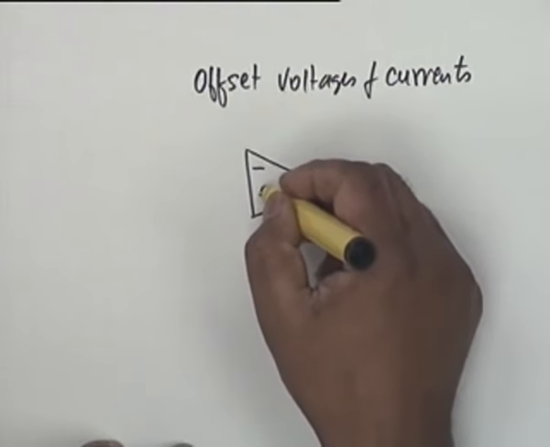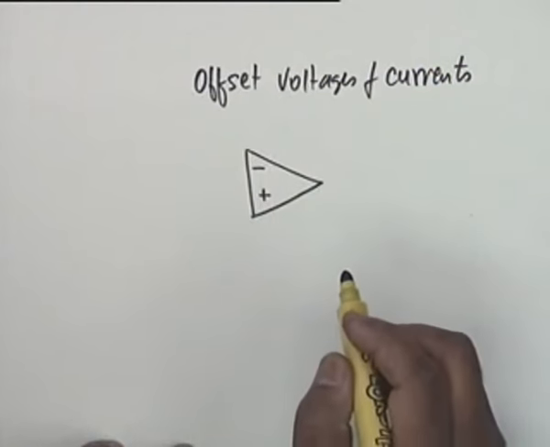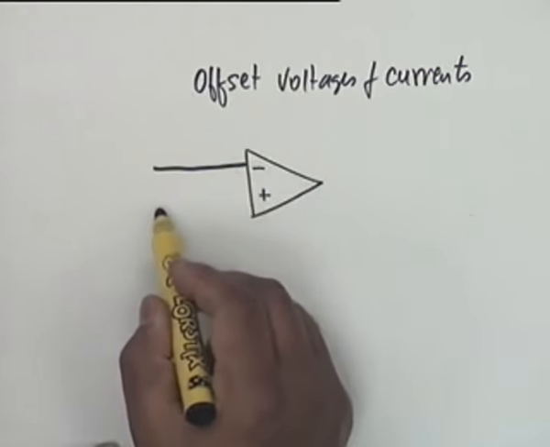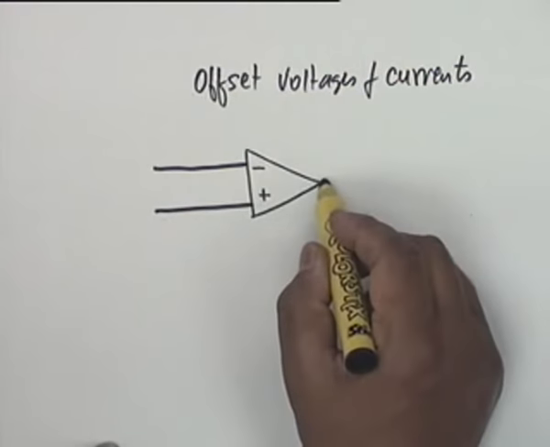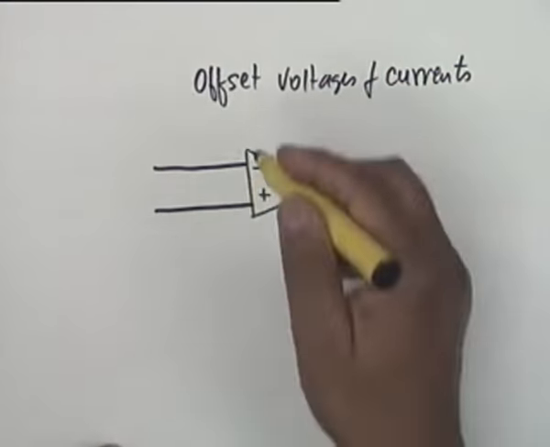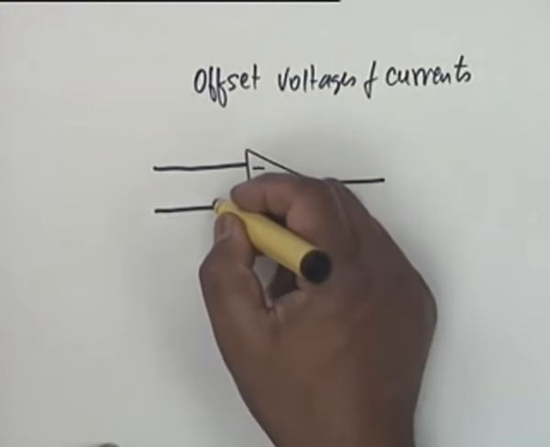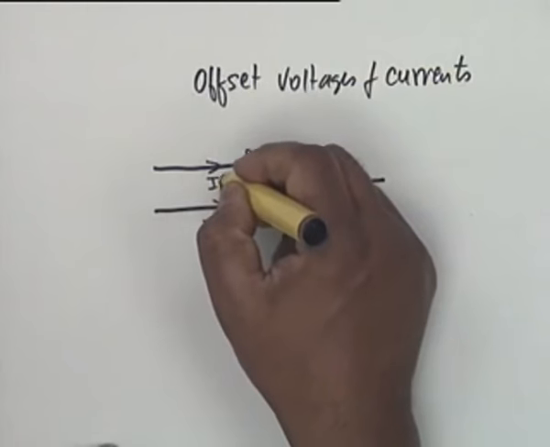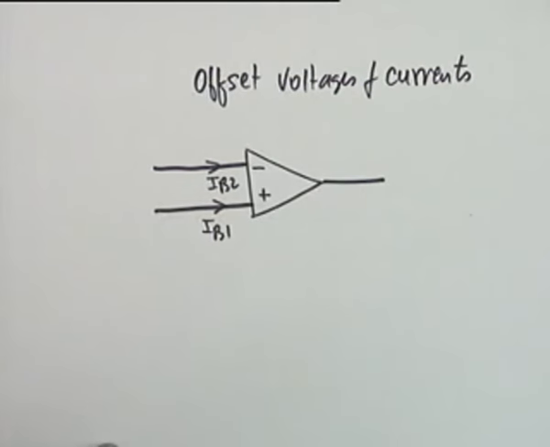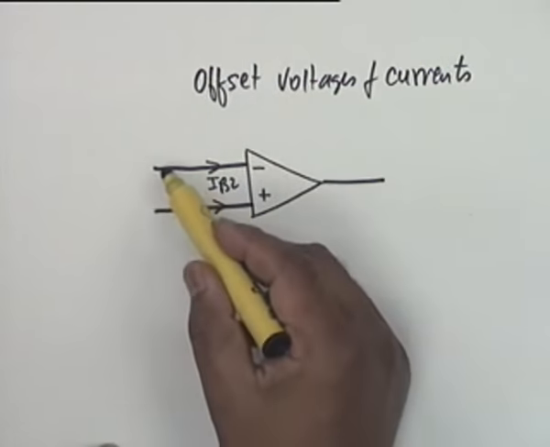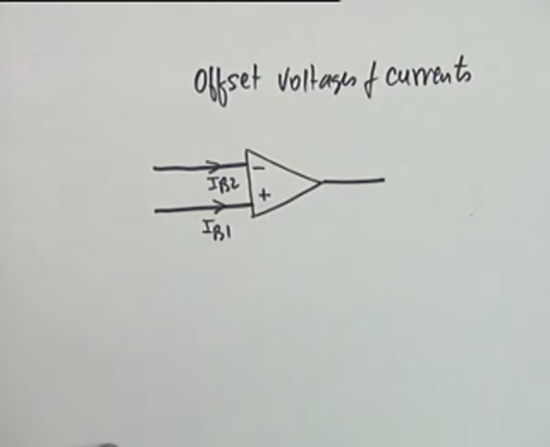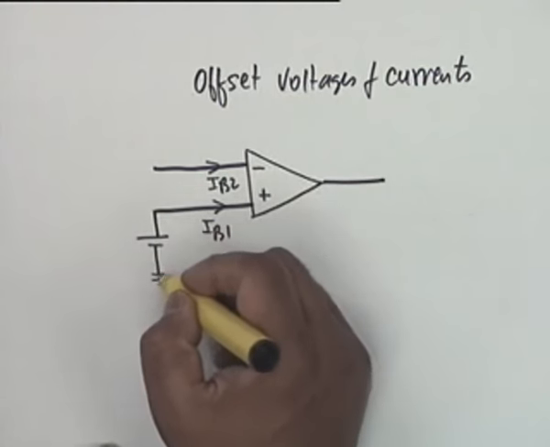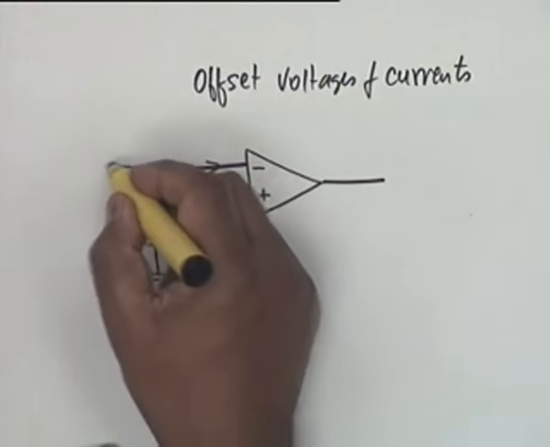And we can represent the offsets like this. We can model the offsets like this, that there are two currents, bias currents, let's call them IB1 and IB2. There are two bias currents, and in addition the two base voltages are different. So let's include this by means of a battery, VB1 and VB2.